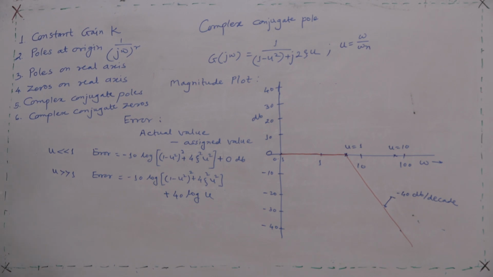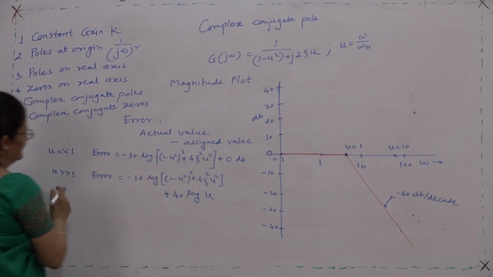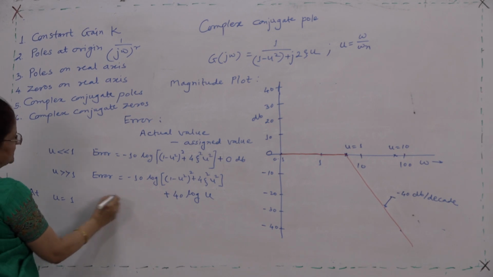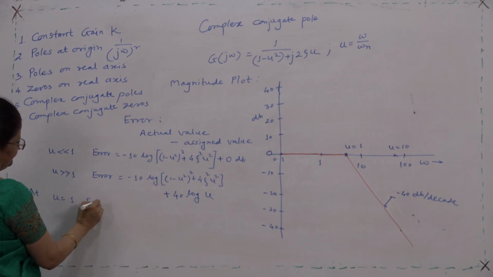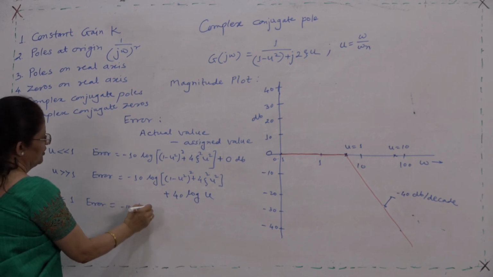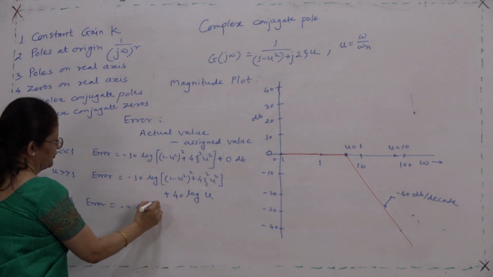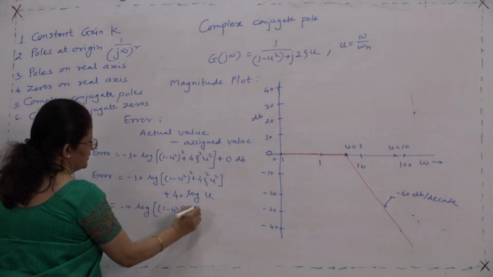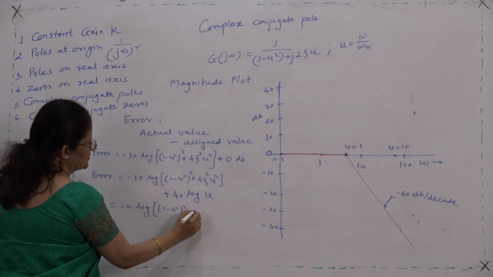So, you have to find out what the error is at u is equal to 1. So, when u is equal to 1, what is the error? At u is equal to 1, the error is minus 10 log of 1 minus u square bracket square plus 4 zeta square u square.